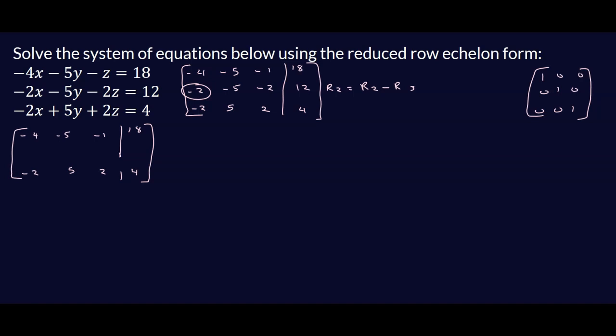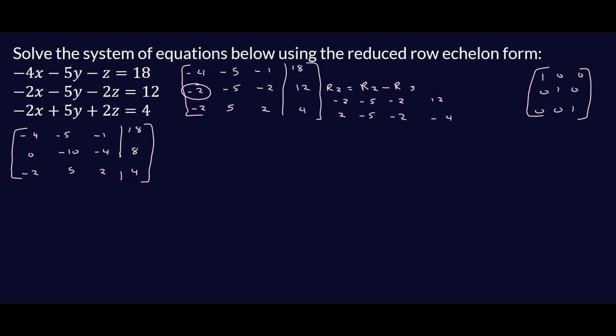Row 2 is negative 2, negative 5, negative 2, and then minus row 3 is going to be 2, negative 5, negative 2, and then here we have 12, here we have negative 4. So we add this up: we have 0 here, negative 10 here, negative 4, and then we have 8.